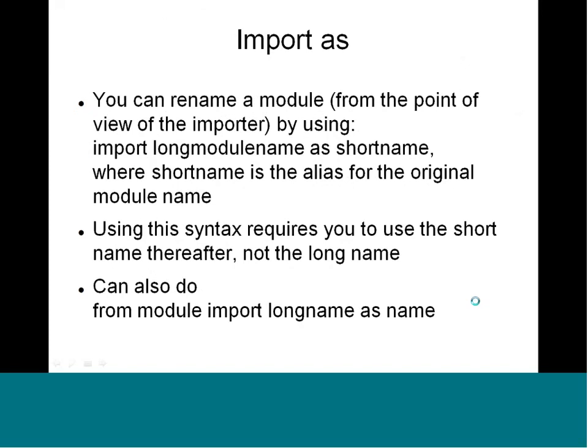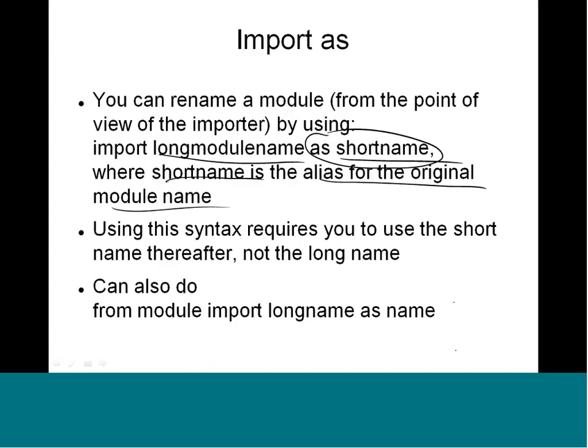Now the next one is import as. We can rename a module by using import long_module_name as short_module_name, where the short name is just an alias for the original module name.